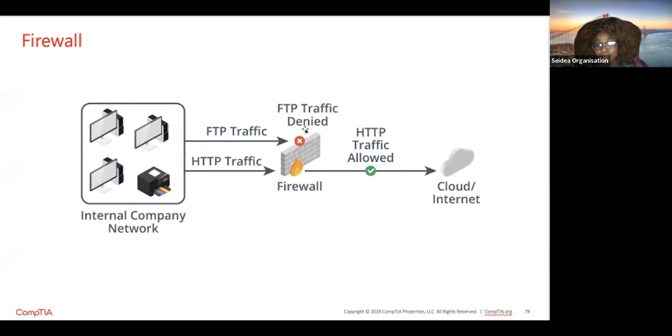So FTP traffic is denied, but the HTTP traffic through the firewall is allowed because it fulfills the evaluation criteria that I mentioned. And then the user or the network can connect to the cloud or to the internet. So remember, firewalls have two functions. The first one is traffic filtering, and the second one is that it creates a criteria for evaluation.